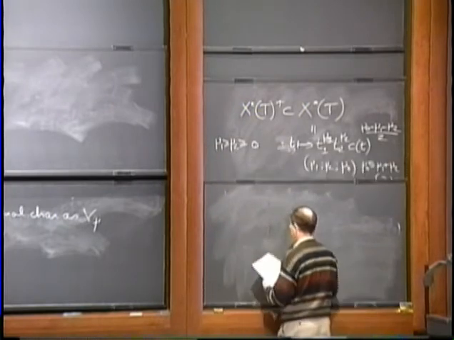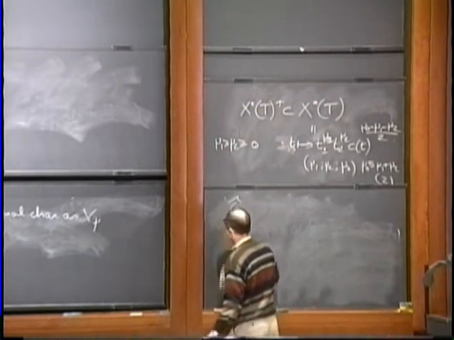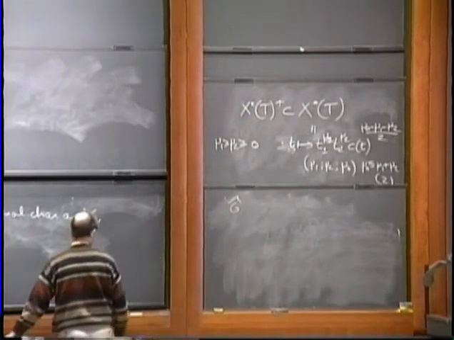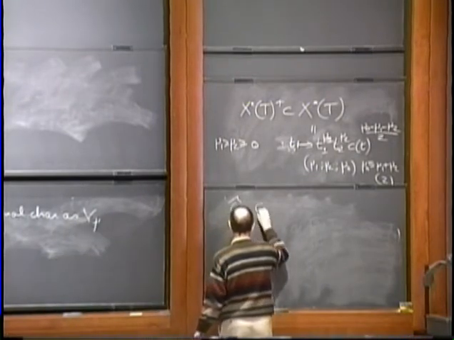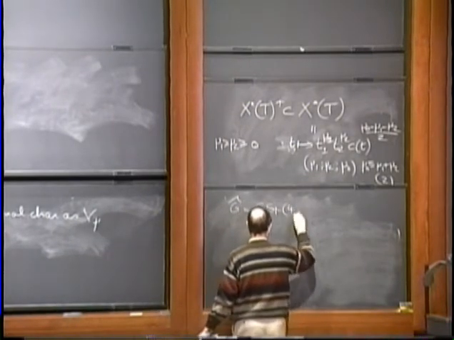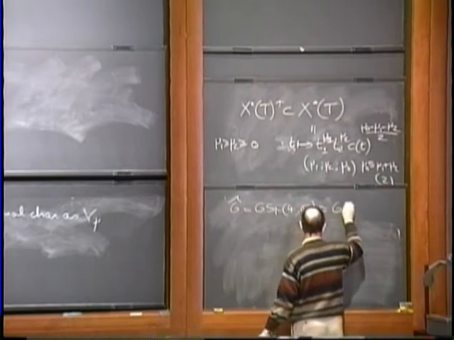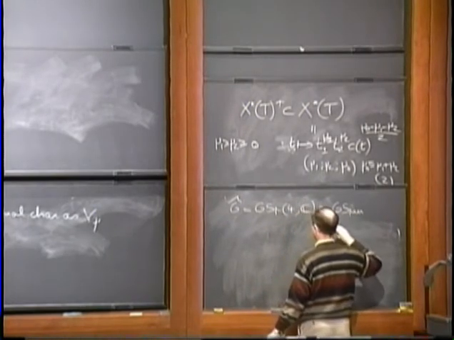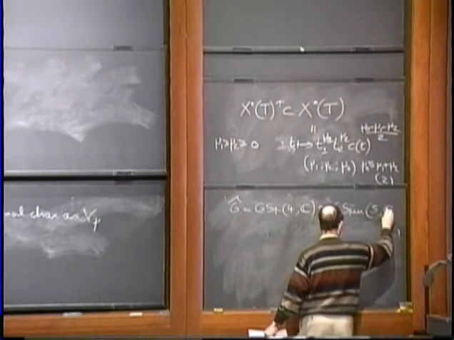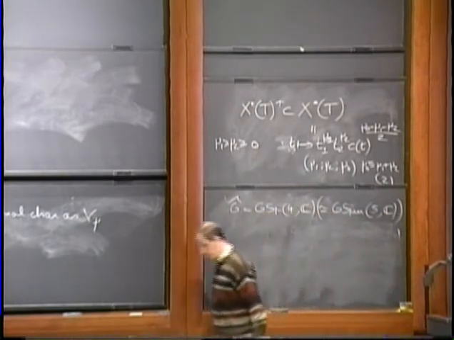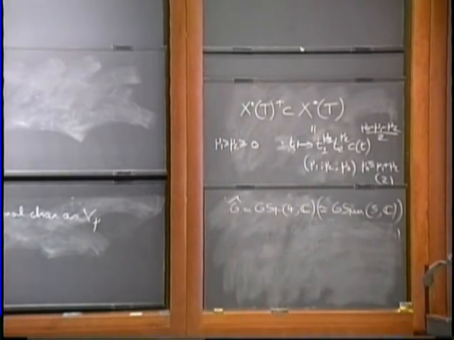The Langlands dual of G is in fact the same group, but over the complex numbers. In fact, it is GSpin 5, but it's more convenient to view it as GSp4(C).